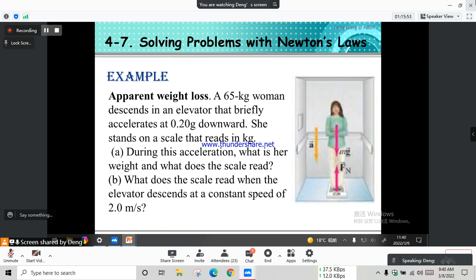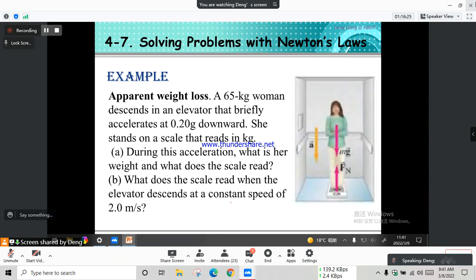This is another example, apparent weight loss. A 65-kilogram woman descends in an elevator that briefly accelerates at 0.2 g, where g is 9.8, and downward.